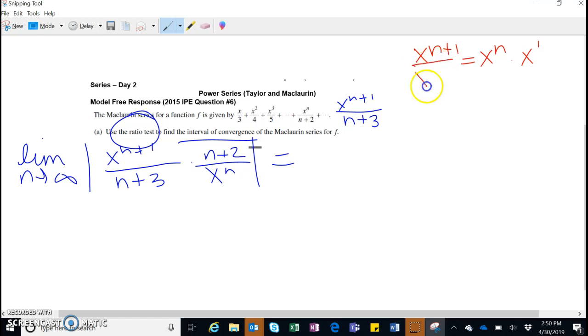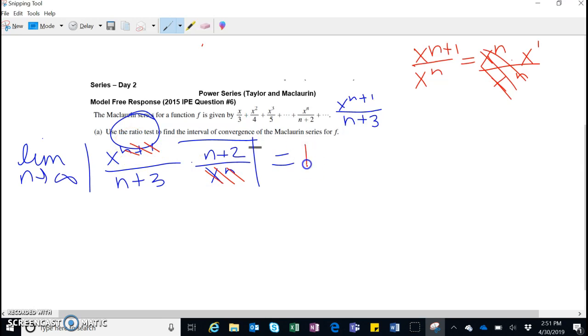And I'm dividing that by x to the n, so you can see here when I rewrite, whoops, that's not an n to the n, but an x to the n. You can see that those x to the n terms cancel. So when I take that thought bubble and apply it over here, the x to the n's are gone, and I'm left with an x in my numerator.